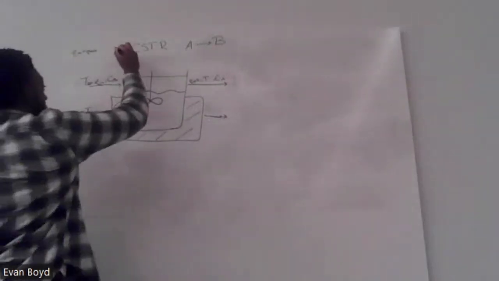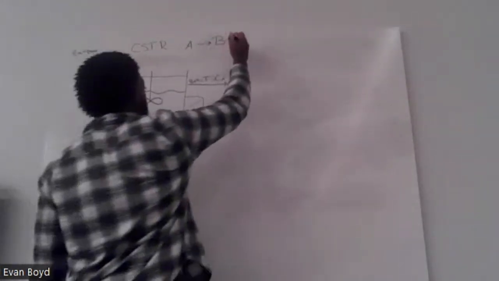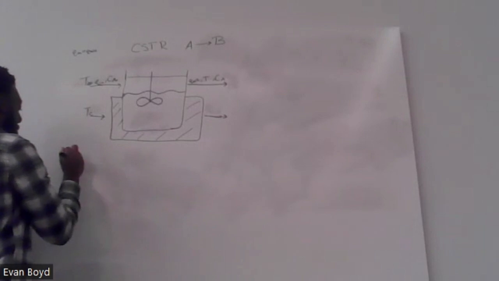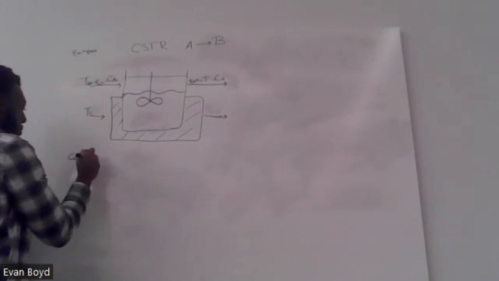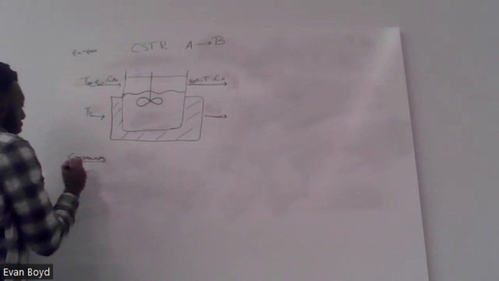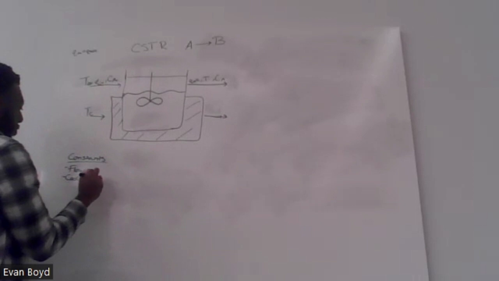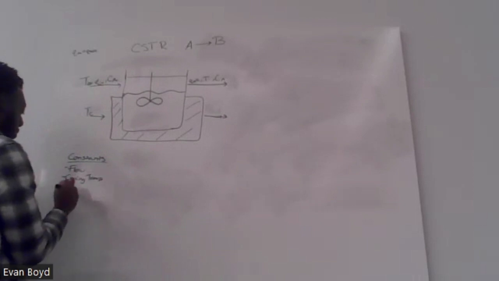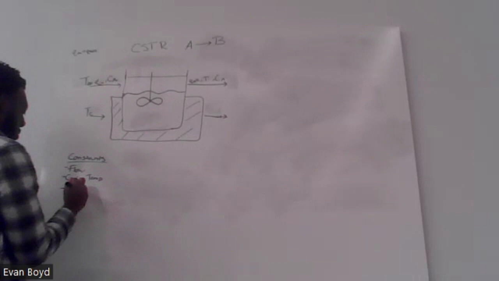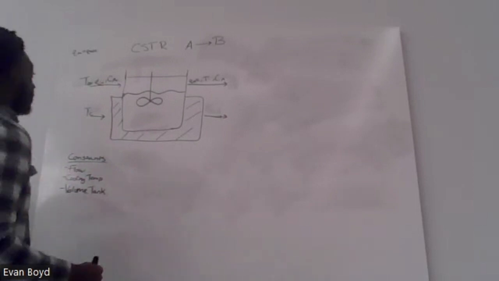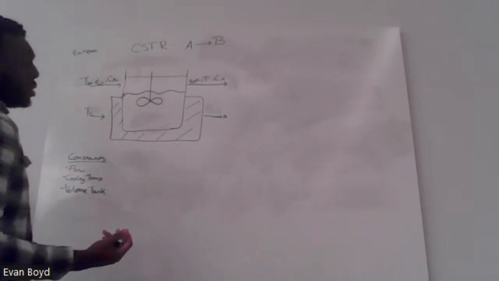So for our known constants: our flow is constant, the cooling temperature is constant, and the volume of the tank is constant. And that's pretty much it.